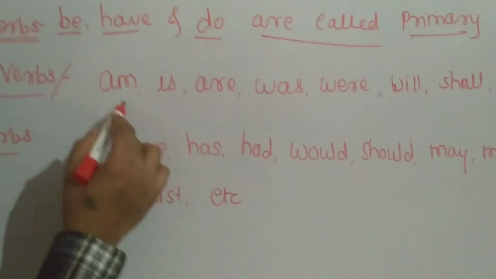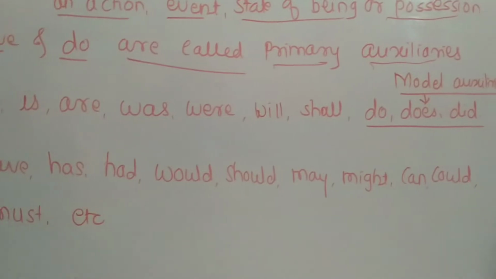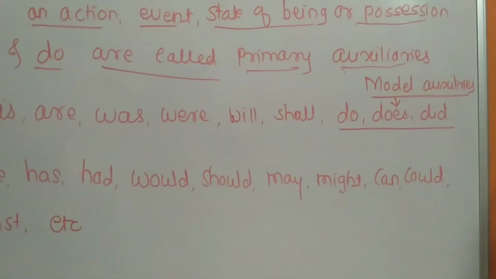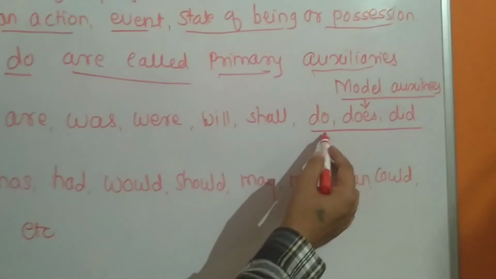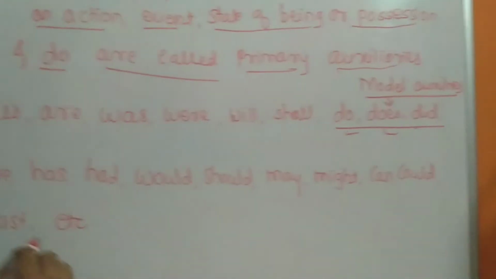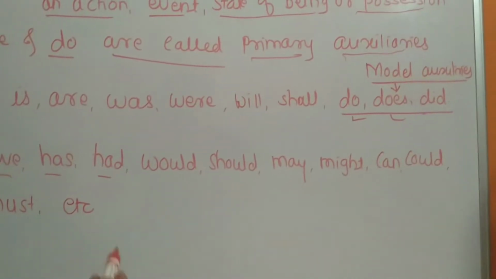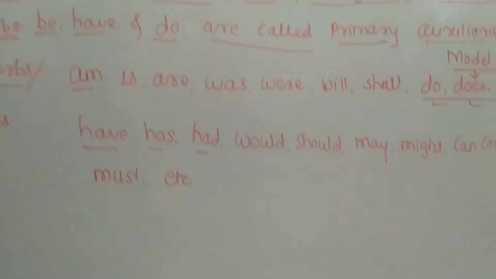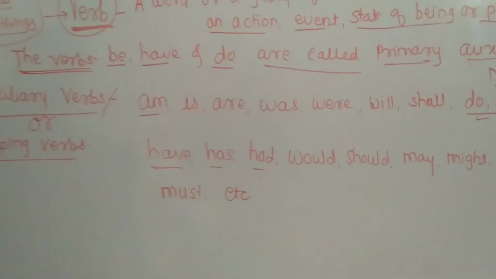Some auxiliary verbs are like am, is, are, was, were, will, shall. So these are the primary auxiliary verbs. And modal auxiliary verbs are do, does, did, have, has, had, would, should, may, might, can, could, must. So these are the modal auxiliary verbs.